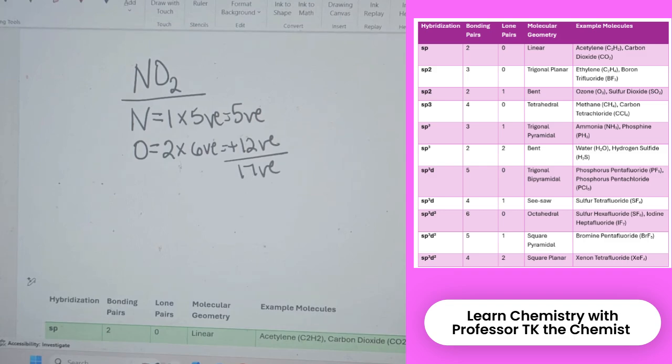Whenever we see that there are an odd number of valence electrons, that tells me that there is a free radical running rampant, okay? It's like, wait a minute, let me go start some trouble.